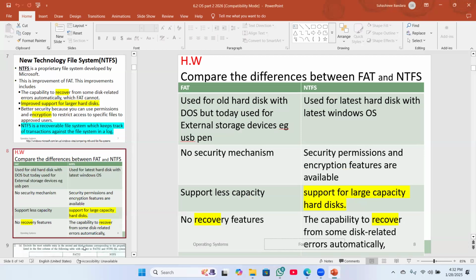FAT is used for old hard disks with the DOS operating system, the disk operating system, but today it is used for external storage devices, for example USB pen drive. USB should be capital.